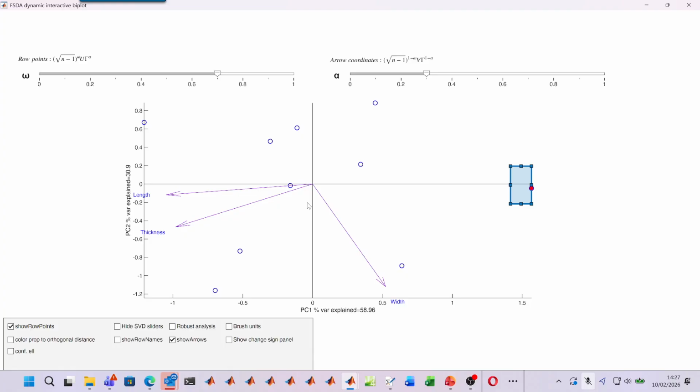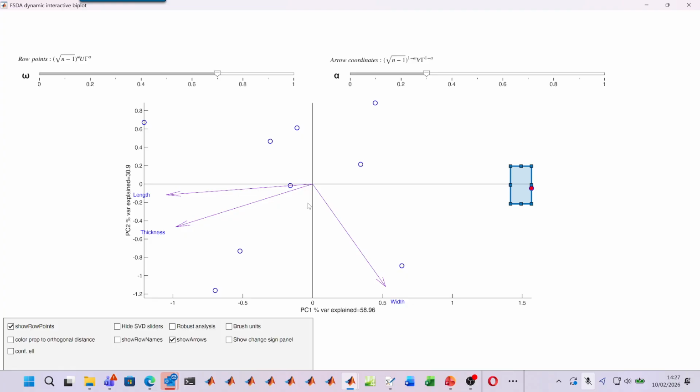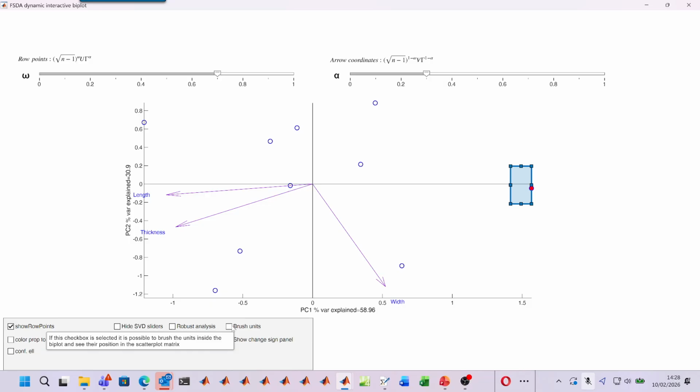Yes, please. Right. Yeah, the points which are selected, for example, exactly where you show the scatter plot matrix in the original space, right? Because you want to link the information in the Biplot with the information in the original scatter plot matrix.